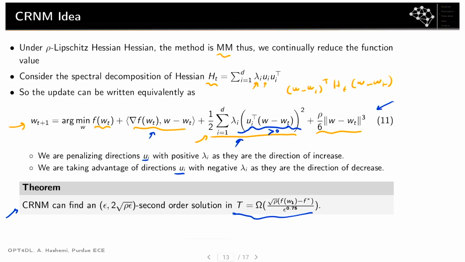Not only can we find a solution at which the gradient is very small, but also we can find a solution at which the minimum eigenvalue of the Hessian is not too negative. That basically means that the solution we find is not a local maximum and is not a simple saddle point. And in a lot of problems across machine learning and deep learning that are non-convex, that could be basically a local minimum.